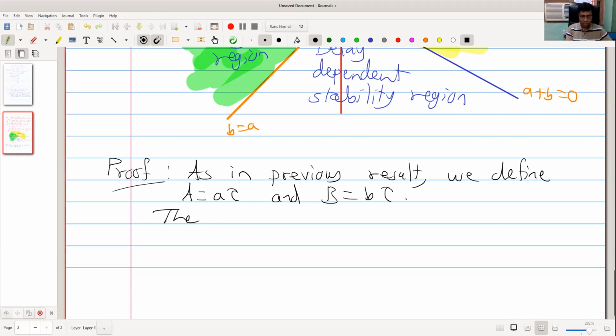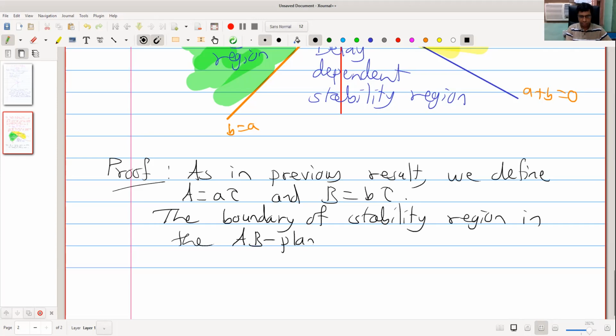The boundary of the stability region in the AB plane is given by the curve C0, which is a combination of two curves. The first curve is the set of all ordered pairs AB such that A plus B equal to 0.